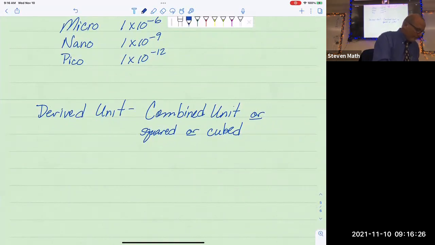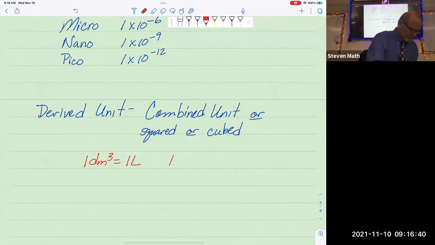So a decimeter cubed is a liter. 1 centimeter cubed is 1 mL.